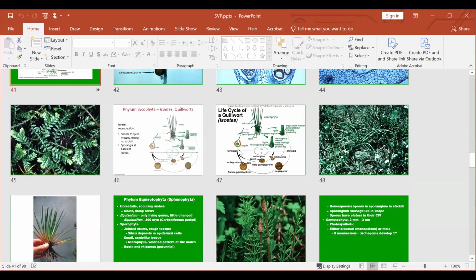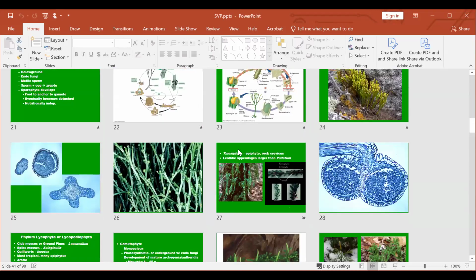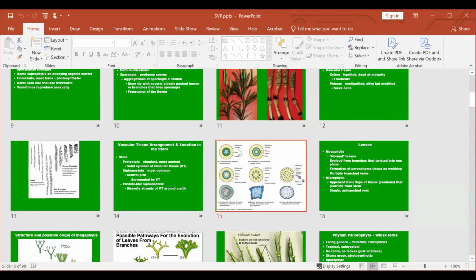This group evolved vascular tissue, but it's the more primitive type.